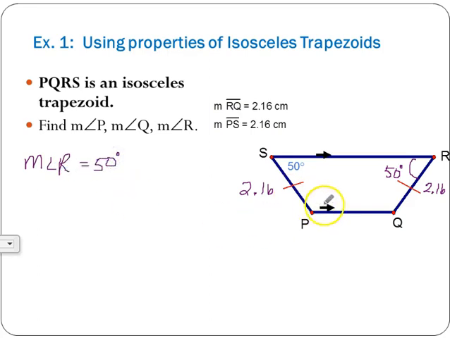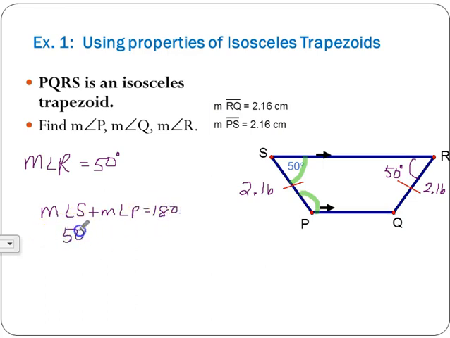Can I find angles P and Q? Do I have enough information? I do. Remember, we also learned that adjacent angles are going to be supplementary. So let's look at this angle and this angle. They're both adjacent, right next to each other. The measurement of angle S plus the measurement of angle P is going to add up to 180 degrees.